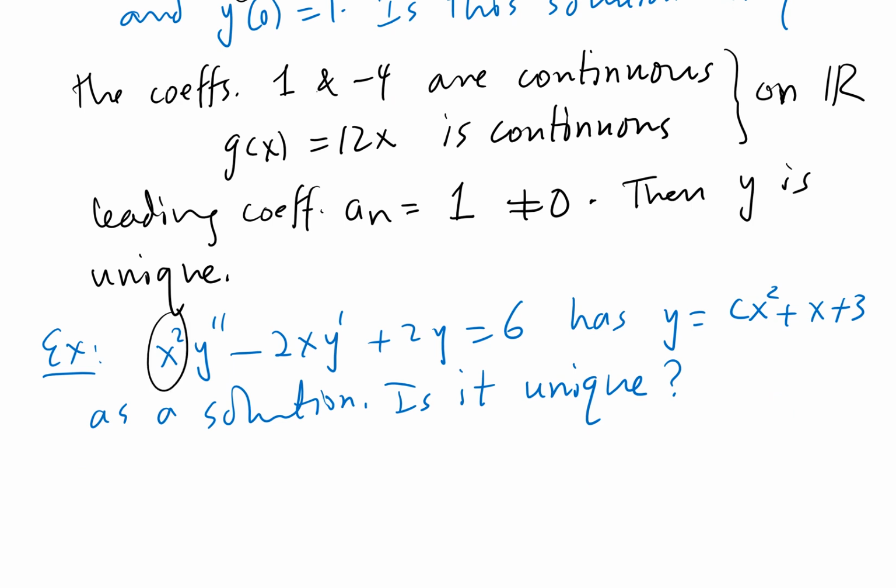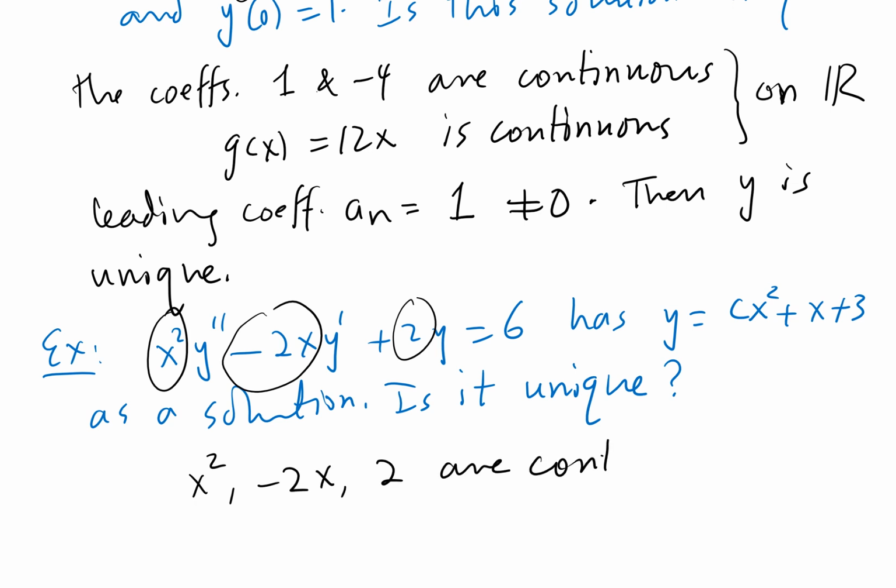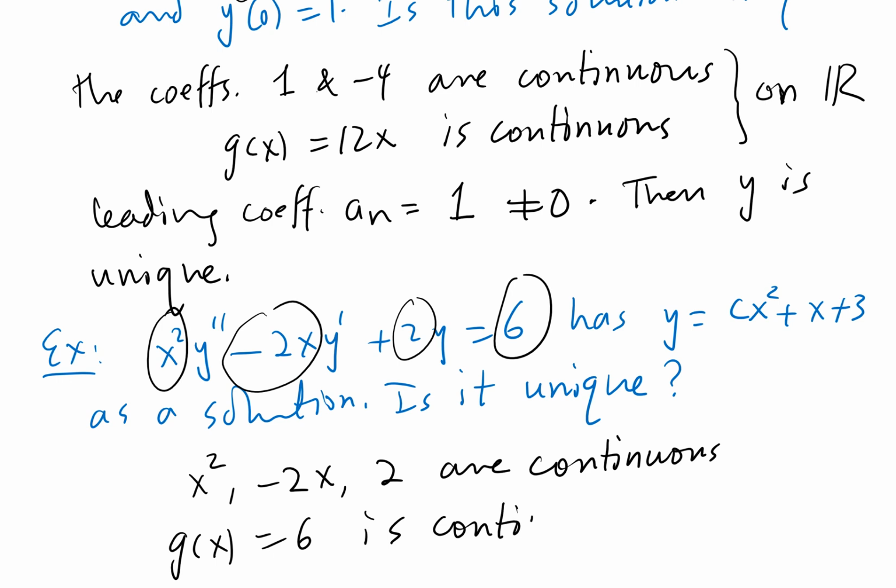What are the coefficients? This, and this. So x squared, negative 2x, and 2. Are they continuous? Yes, they are continuous over all real numbers. How about the 6? g of x equals 6 is continuous as well.